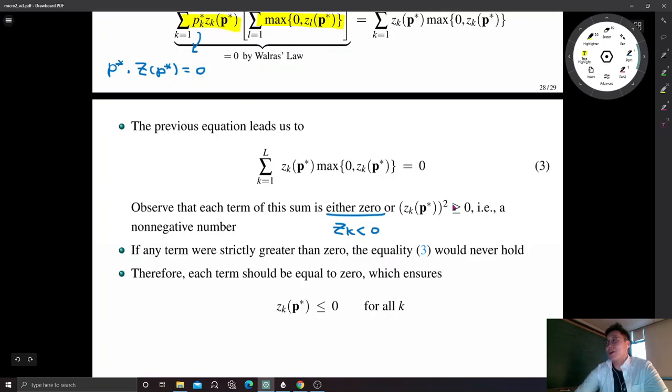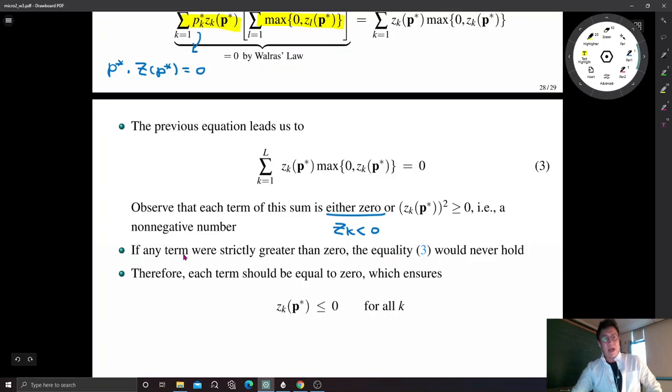That is also non-negative, no matter what Z sub k. So this sum is a summation of non-negative numbers, because each term is a non-negative number. But equation 3 requires this sum to be equal to 0, right?